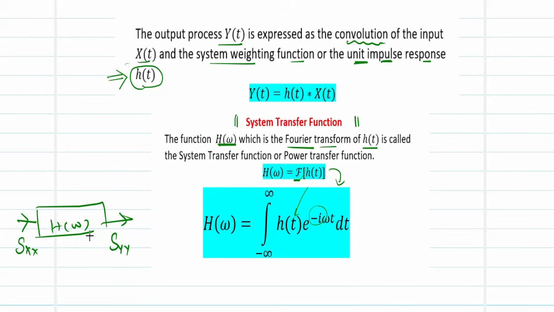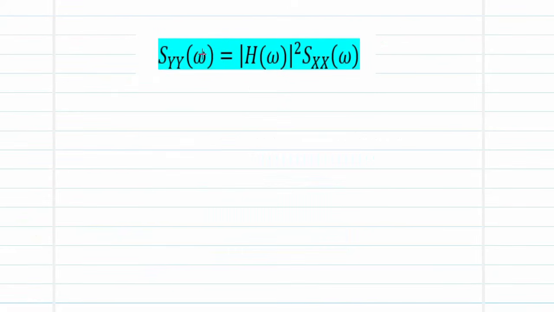Now this format of the input process output can be defined by means of a theorem which is going to be of practical importance to us, which is given by Syy of omega is modulus of H of omega the whole square into Sxx of omega.